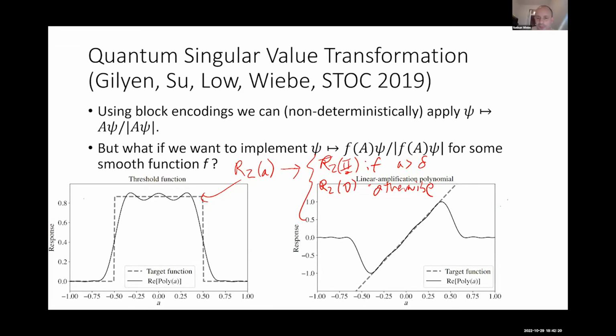Similarly, linear amplification or de-amplification gives us a way of doing fractional queries really easily in this. So this framework really does live up to Ike's hype, I think, because it does give you a beautiful way of implementing all sorts of amazing things.